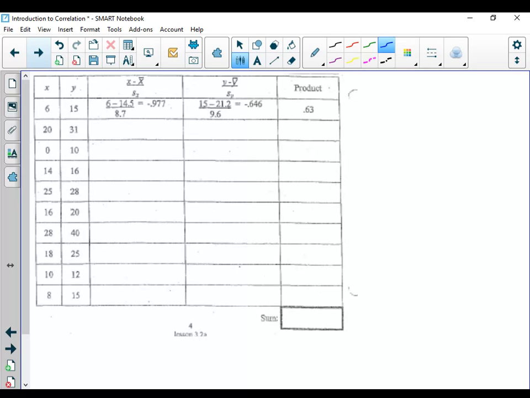Well, first of all, correlation is a lot of times referred to as the R value. So if they were asking for the R value, they're really asking about correlation. What correlation tells us? It actually tells us two things. Correlation is going to tell us the direction, which most of the time we can see from the graph anyway.